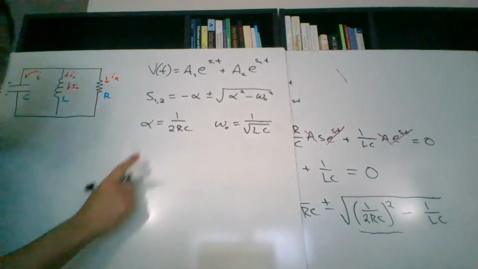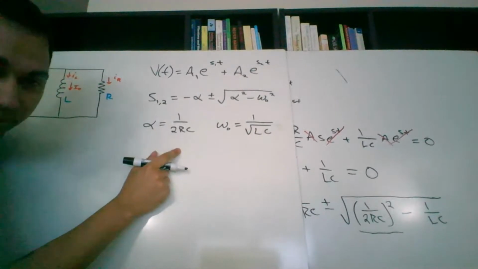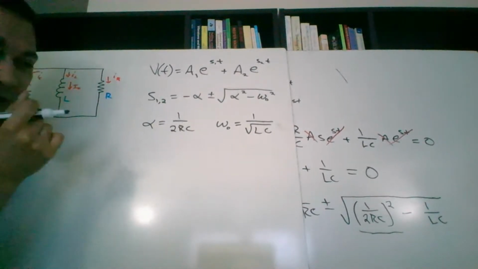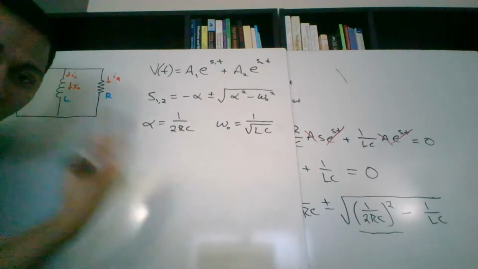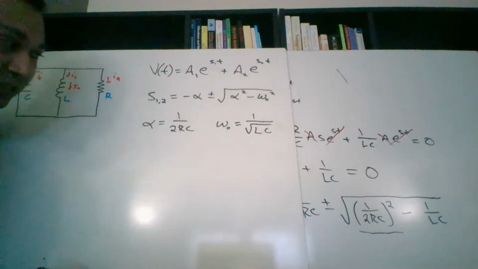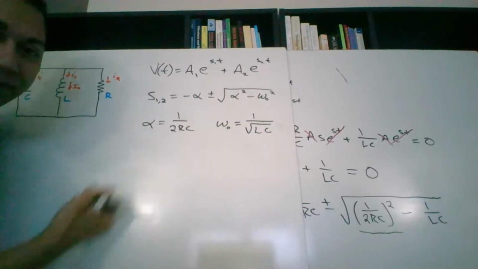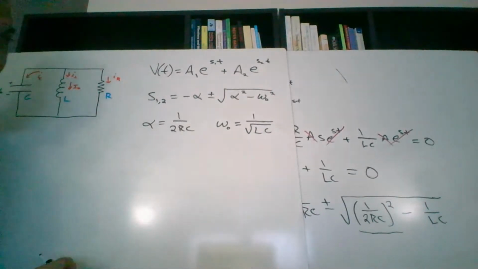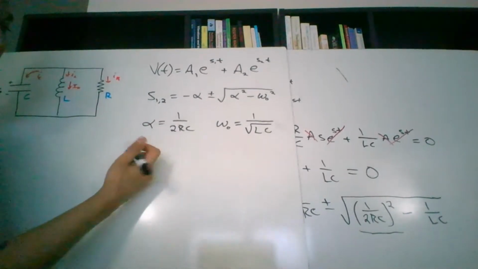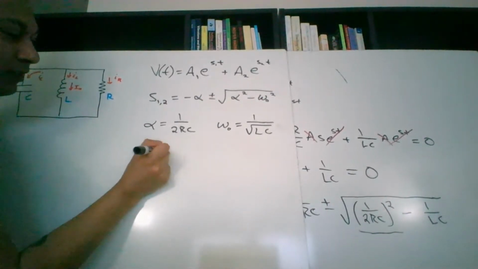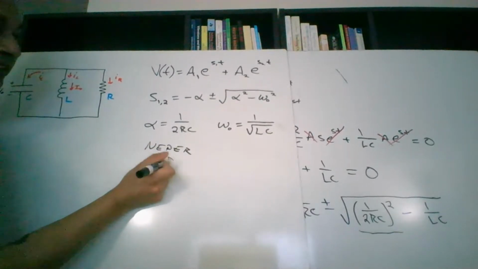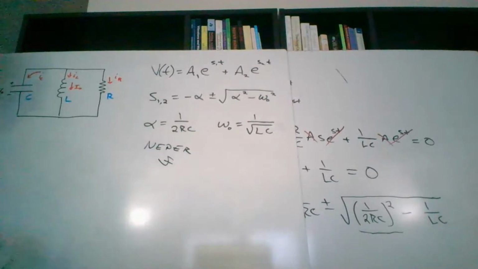This is called our damping factor, and it will tell us if our circuit is going to be overdamped, underdamped, or what we call critically damped. Another name for this is the Neper frequency, N-E-P-E-R. So this is called the natural frequency, and this is called the Neper frequency. That's that term right there.